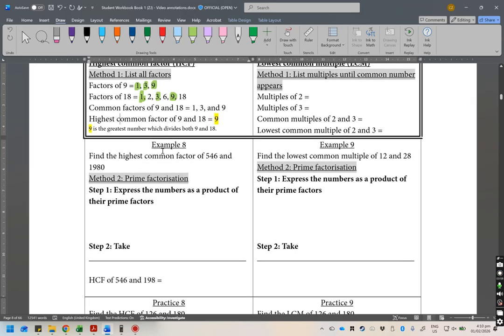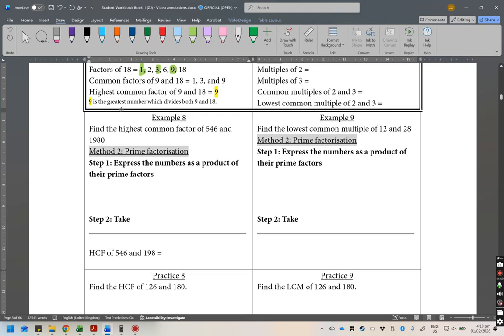Let's move on to example 8. The second method is to find the HCF of 546 and 1980. These two numbers are very large, so you wouldn't want to go one by one and list out all the factors. So what we can do is use prime factorization. So 546 will be 2 times 3 times 7 times 13, and 1980 will be this.